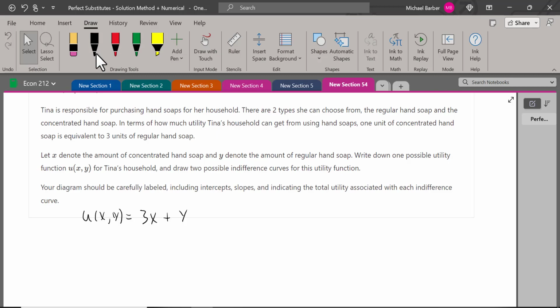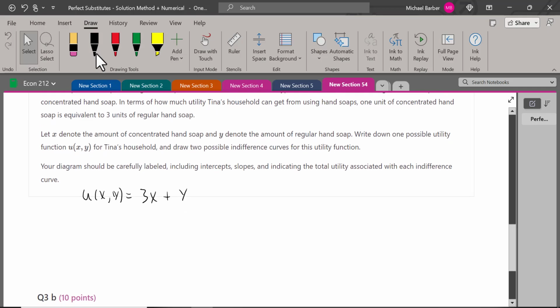And the next part of the question is write down one possible utility function and draw 2 possible indifference curves. Okay. So we want to draw 2 indifference curves. Let's pick something that's going to work in terms of round numbers. So let's say what combinations of x and y are going to give us a utility of 3?